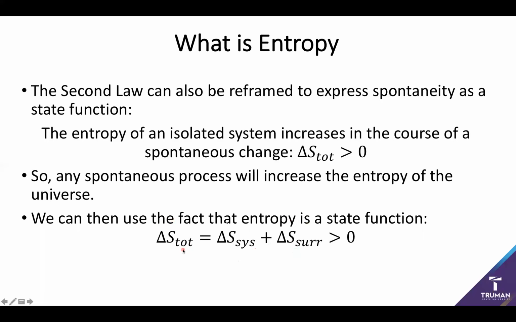And so it turns out that while the entropy of the universe always has to increase, I can see some local decrease in entropy, which means that I can make things slightly more organized on a small scale as long as I make things much messier in somebody else's yard. And so this is one of the major driving features of trying to determine what can happen in chemistry, is this idea of trying to balance what can happen in the system I'm looking at versus what disorder am I causing in the surroundings.